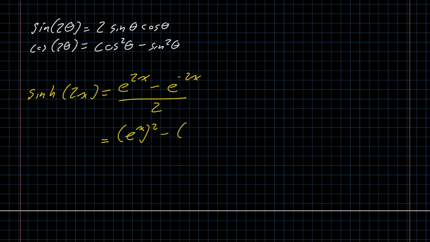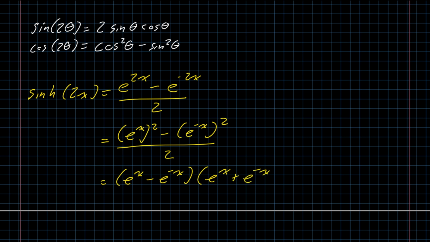And likewise, e to the minus 2x is (e to the minus x) squared, just using the power to a power rule for exponents, usually the backwards of how you normally would think about it. But now I have this explicitly written as the difference of two perfect squares. So I can factor it. This is (e to the x minus e to the minus x) times (e to the x plus e to the minus x), all over 2.